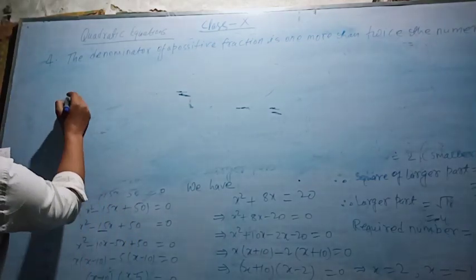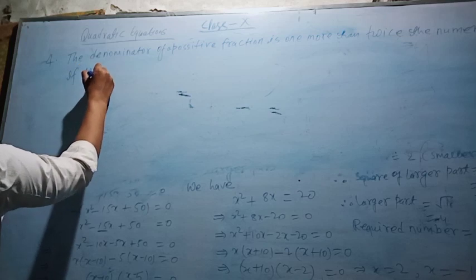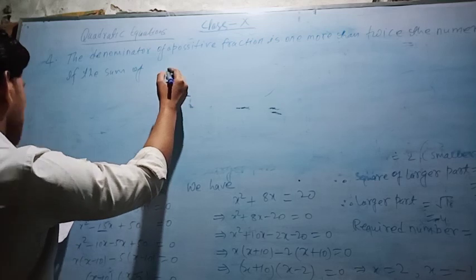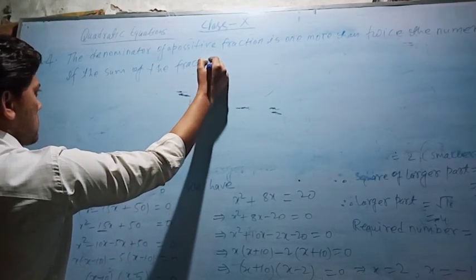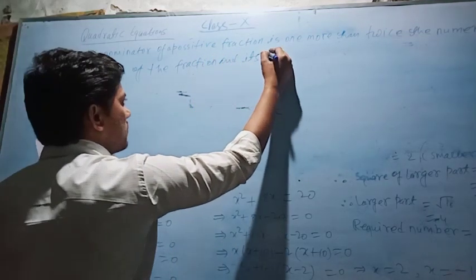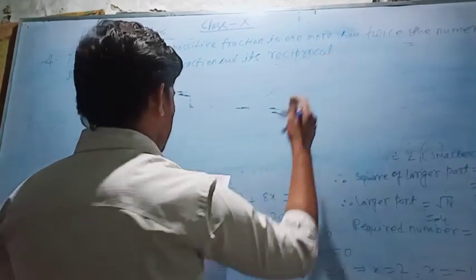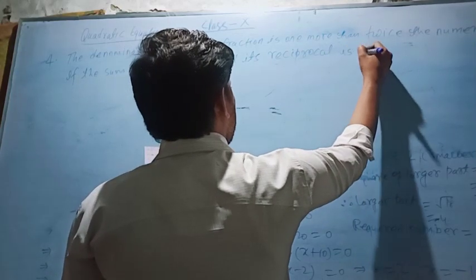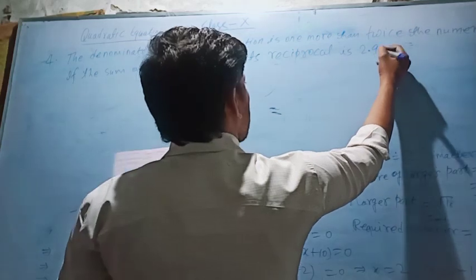If the sum of the fraction and its reciprocal is 2.9, find that fraction.